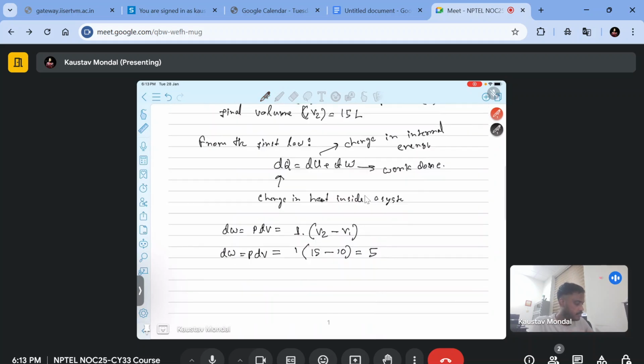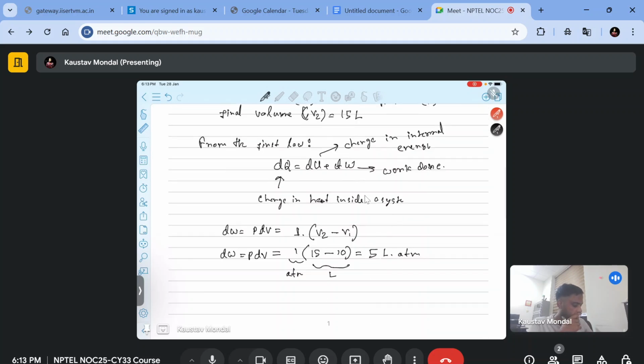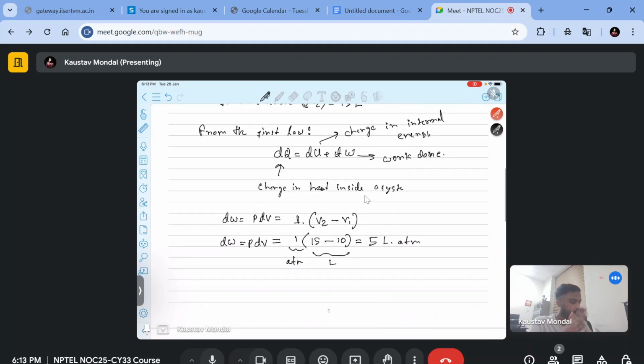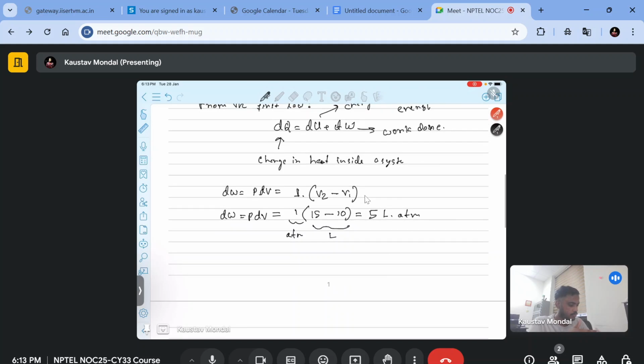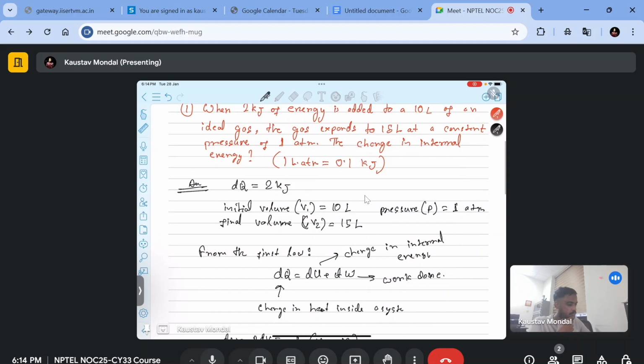This thing is in liter and this thing is in atm, so the unit of this will be liter into atm. But dq is heat, a form of energy, so its units will be joule or kilojoule. And du, the change in internal energy, will also be in kilojoule or joule. So we have to convert our work done into kilojoule units, and for that reason this unit conversion is given here.